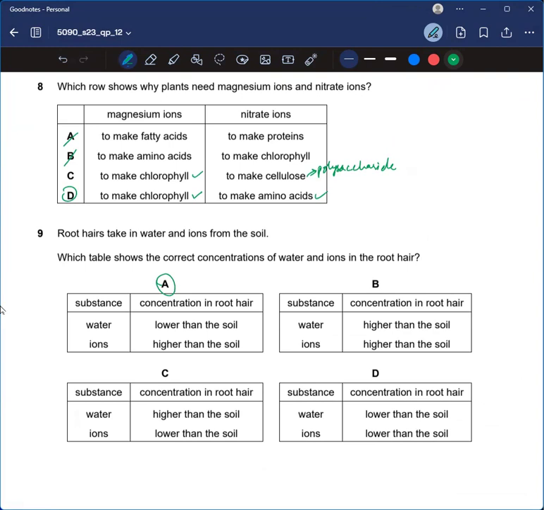The root hairs have higher concentration of ions than the soil, and lower water concentration than the soil. This creates a water potential gradient, and the water from the soil can travel into the root hair cells.